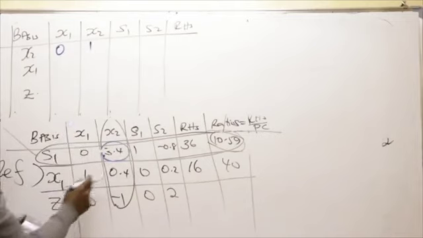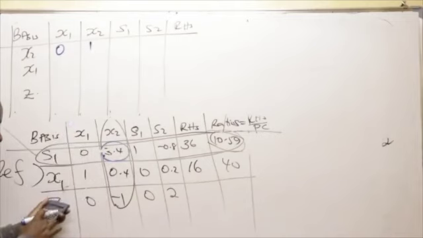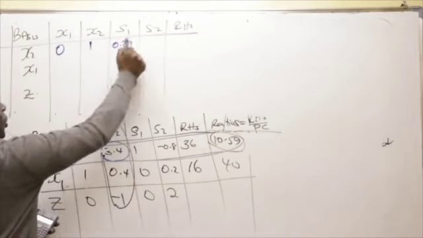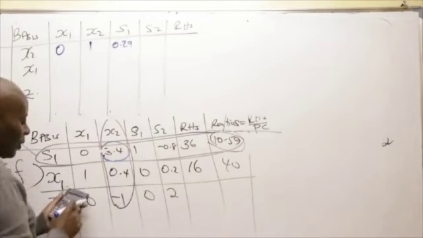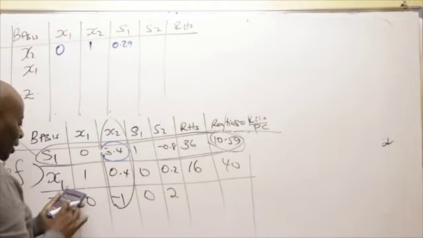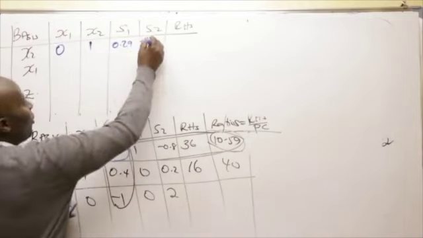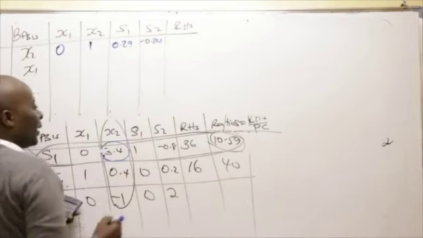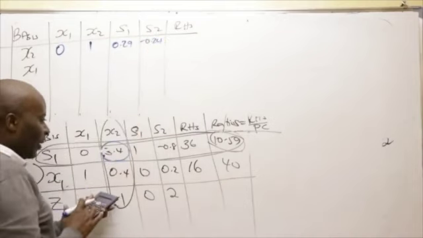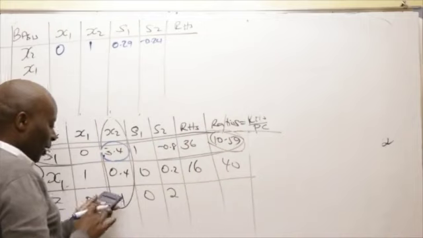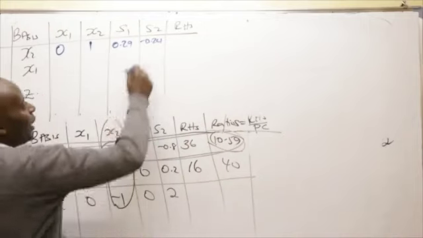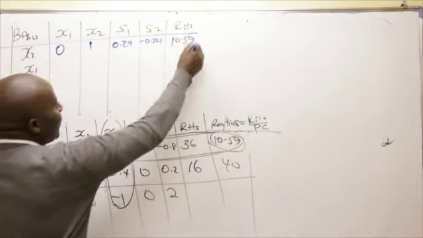The third one will be 1 divided by 3.4, to 2 decimal places, which gives me 0.29. Then we have minus 0.8 divided by 3.4, which will give me minus 0.24. And then lastly, we have 36 divided by 3.4, giving me 10.59, like that.